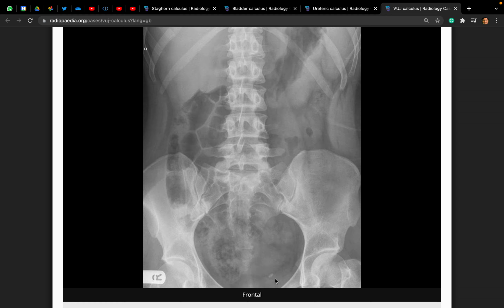I'll explain that the risks include infection, bleeding, failure to fragment the stone, risk of fragments being stuck, in which case she will require a further procedure in the form of a ureteroscopy or a stent.